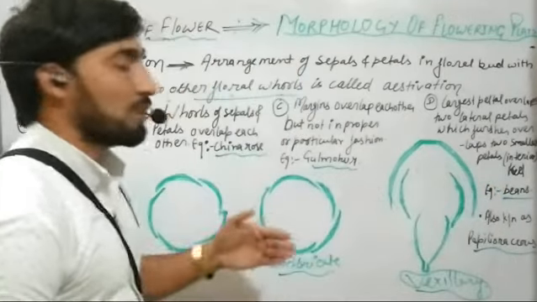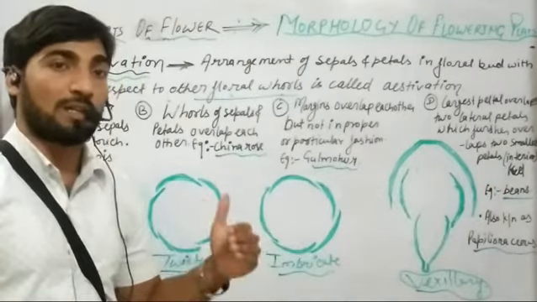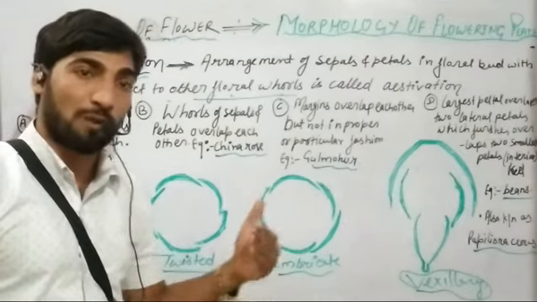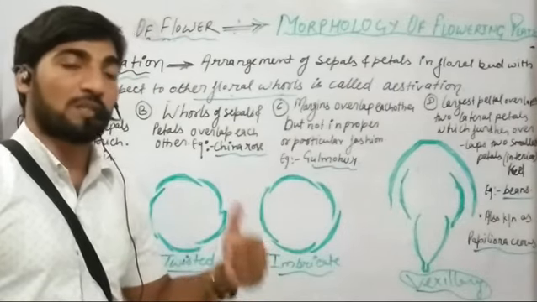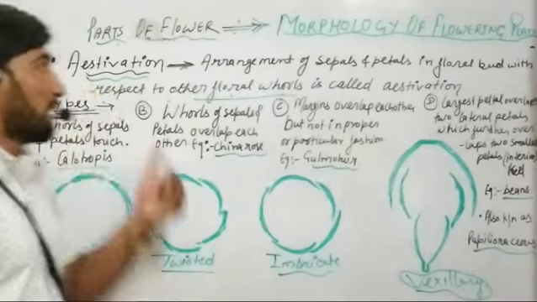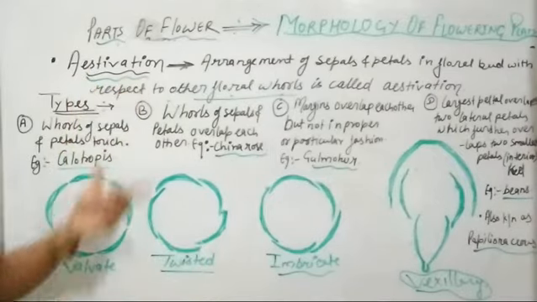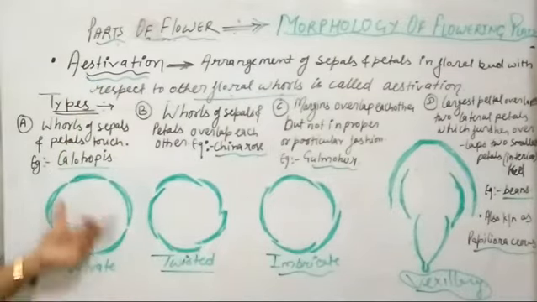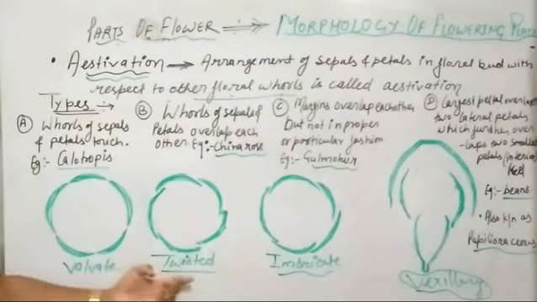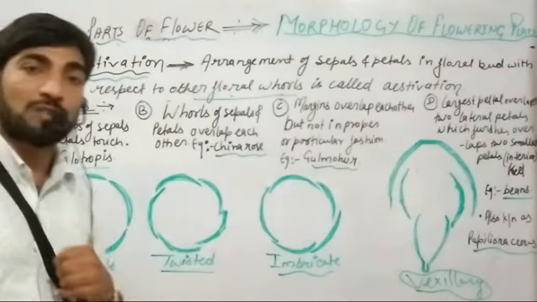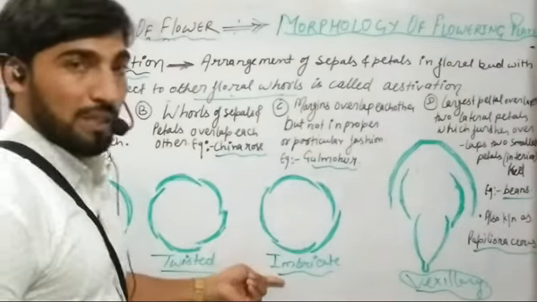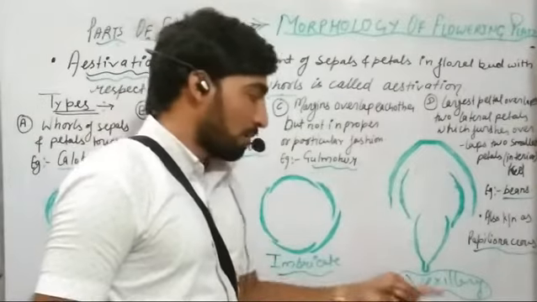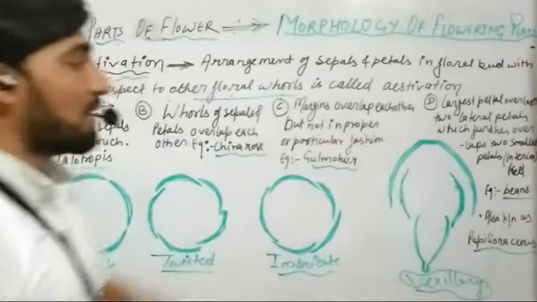So on the basis of arrangement of sepals or petals with respect to other whorls of a flower when the flower is in the form of a floral bud, that process is known as estivation. It can be valvate, as in calotropis; twisted, as in China rose; imbricate, as in gulmohar; and vexillary, as in beans.